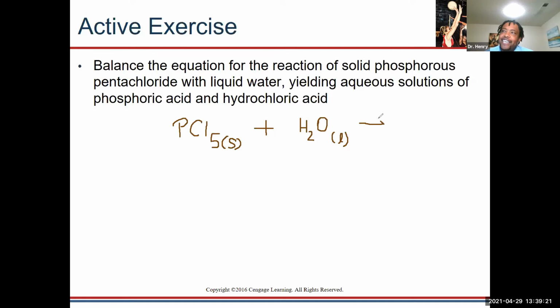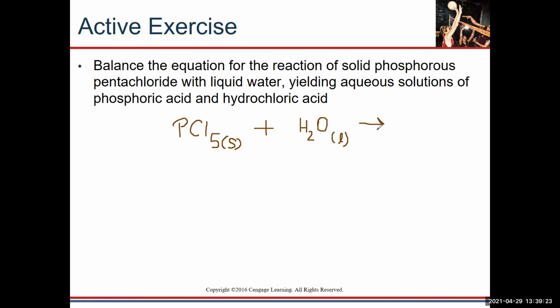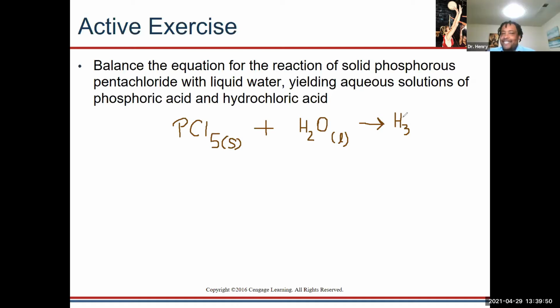And we're gonna make H3PO4, phosphoric acid. Come on, I know you can get it.